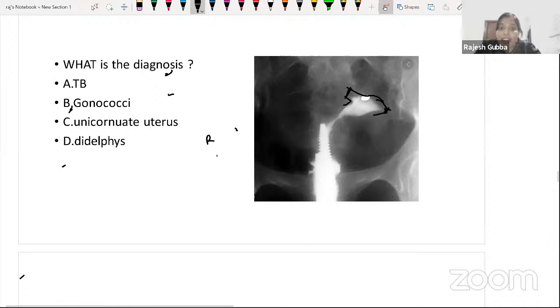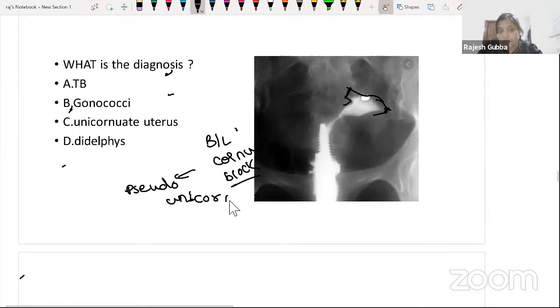So it is bilateral cornual block, which is looking like unicornuate uterus. So this is called as pseudo unicornuate uterus. This is actually one of my favorite questions.